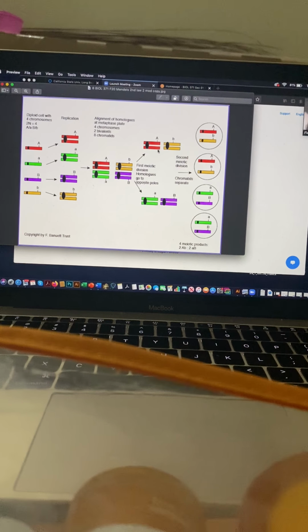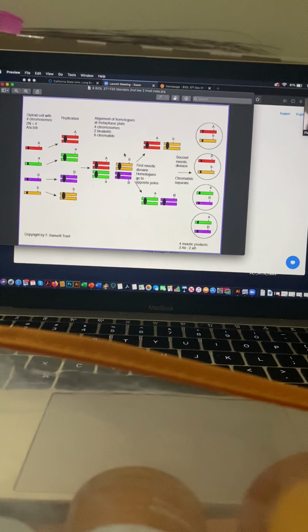Now you have red and orange, the homologs. So first of all, let me backtrack. This pair, the big A, little a, homologous pair, separate from each other. So you have red going to one pole, green to the other.